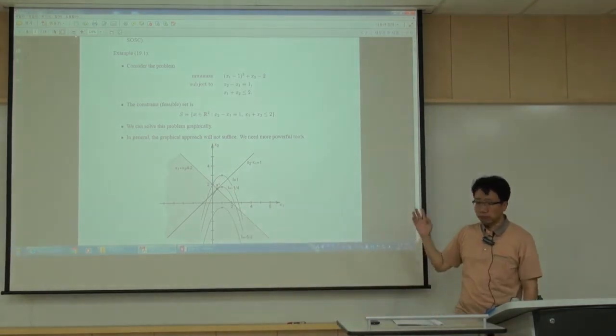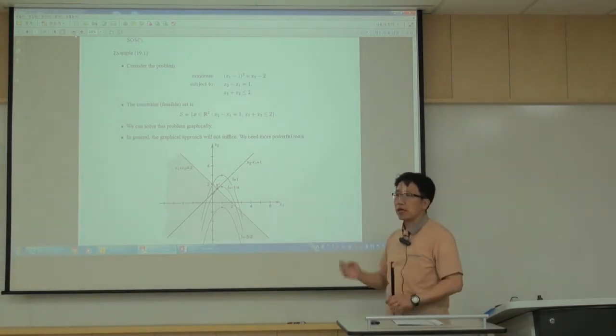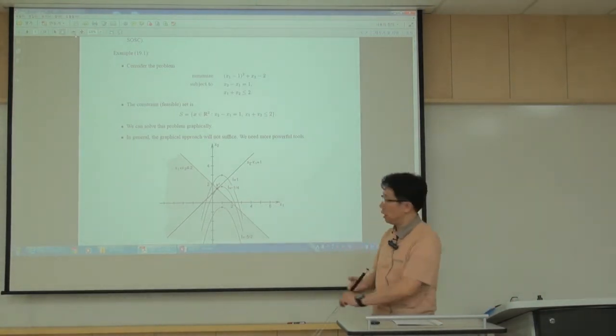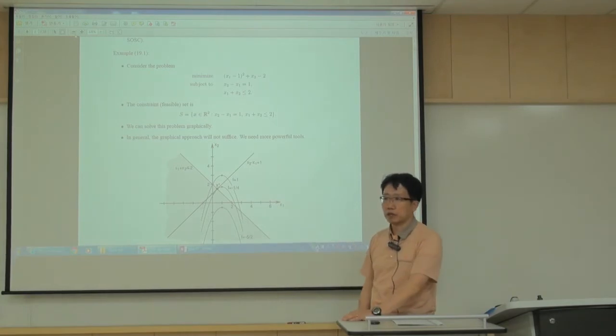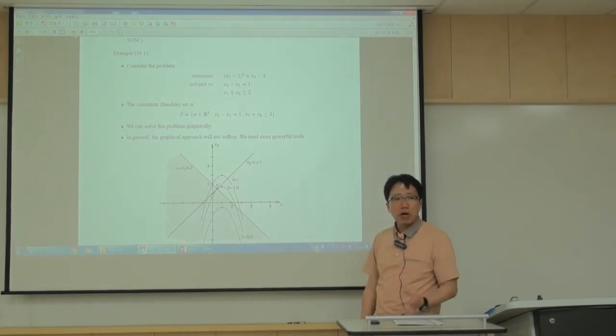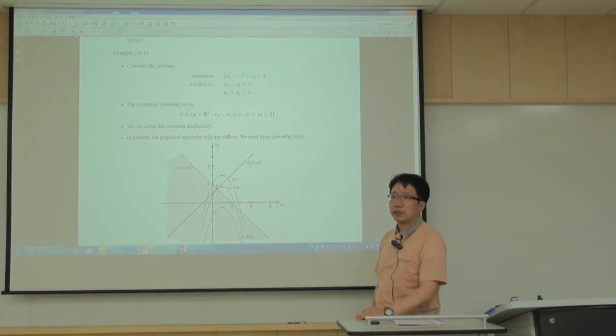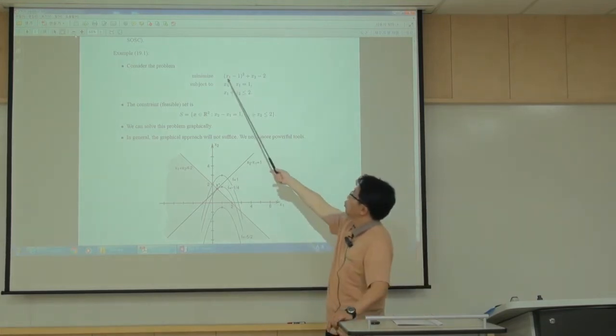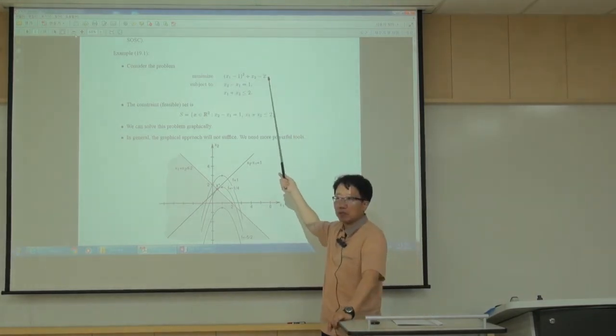Now, what we want to do is not just using our intuition and these graphical methods, because our problems are much more complicated. It's not like this two-dimensional optimization problem.